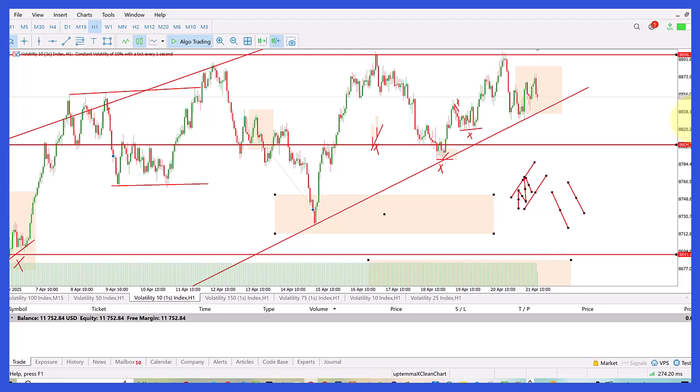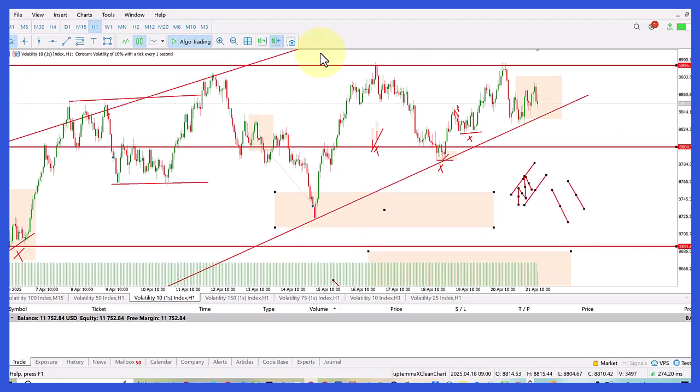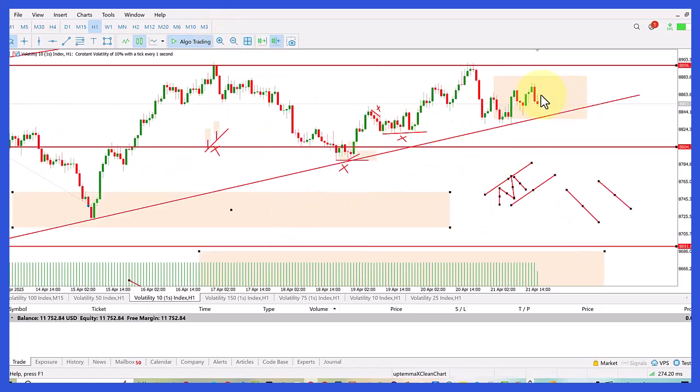Another thing is that if the bot should attempt to take a trade here, and you observe that there's liquidity above, just like this liquidity point we identified, this is a massive liquidity point.